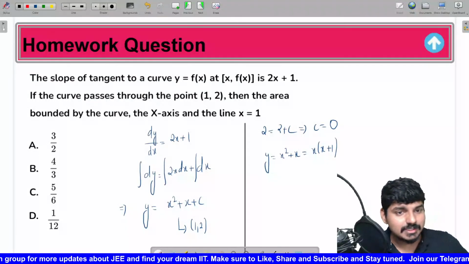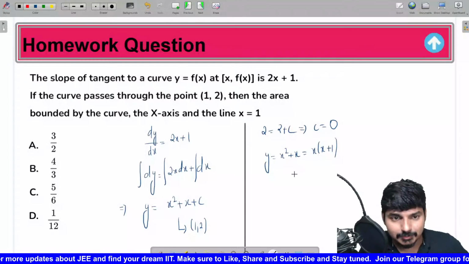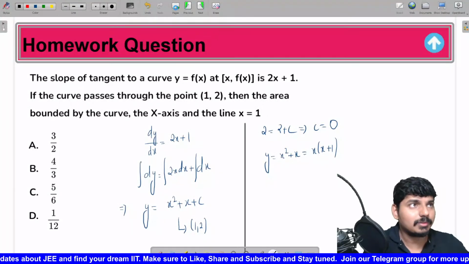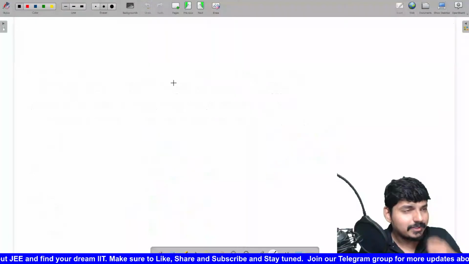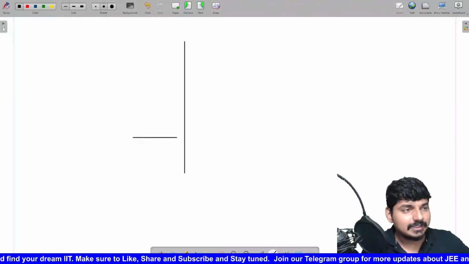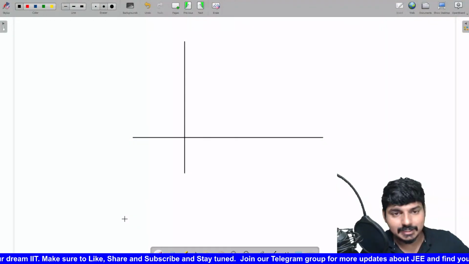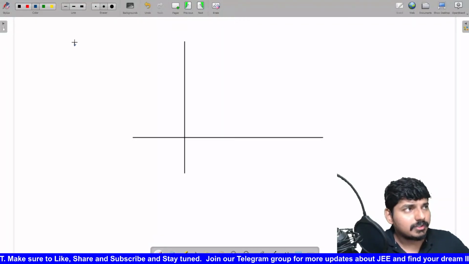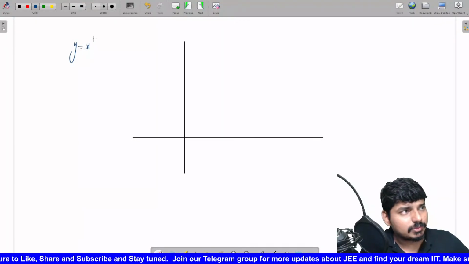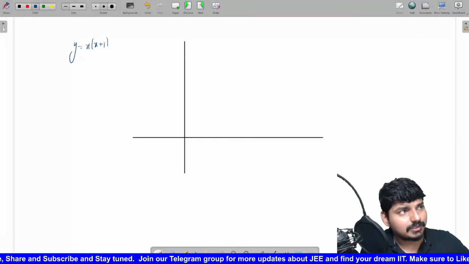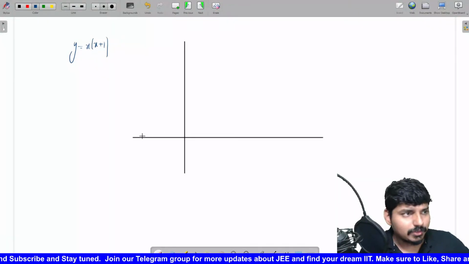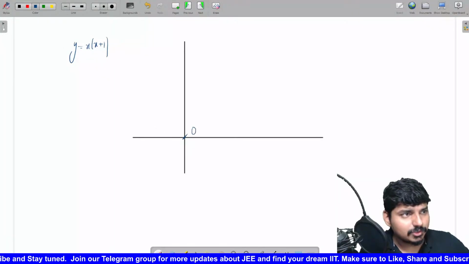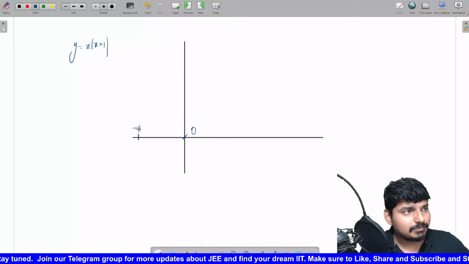So let us just draw the corresponding diagram. Let me draw it on another page. Let us say this is your y-axis and x-axis, everyone. If you want to draw the graph of the curve y is equal to x into (x plus 1), it is going to be a parabola passing through the origin and the point -1.